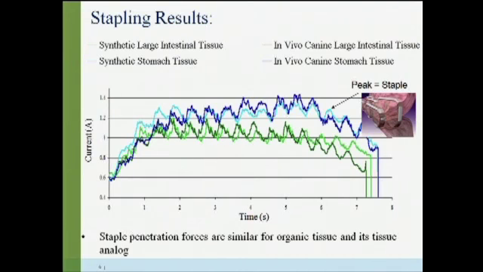I also wanted to point out that each line in the graph you're seeing represents one sample. It was the sample that was an average representation for the test media. I tested several different synthetic materials, and the synthetic material I'm showing you right here best represented organic tissue. So you can see in the graph how the dark blue and light blue lines, the synthetic stomach tissue and the in vivo canine stomach tissue, both matched up very similarly for penetration forces.